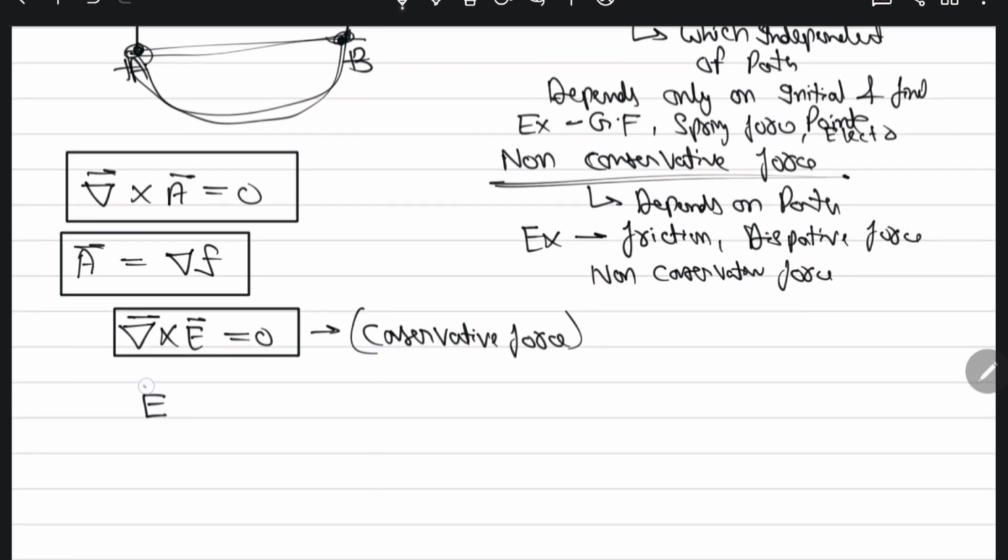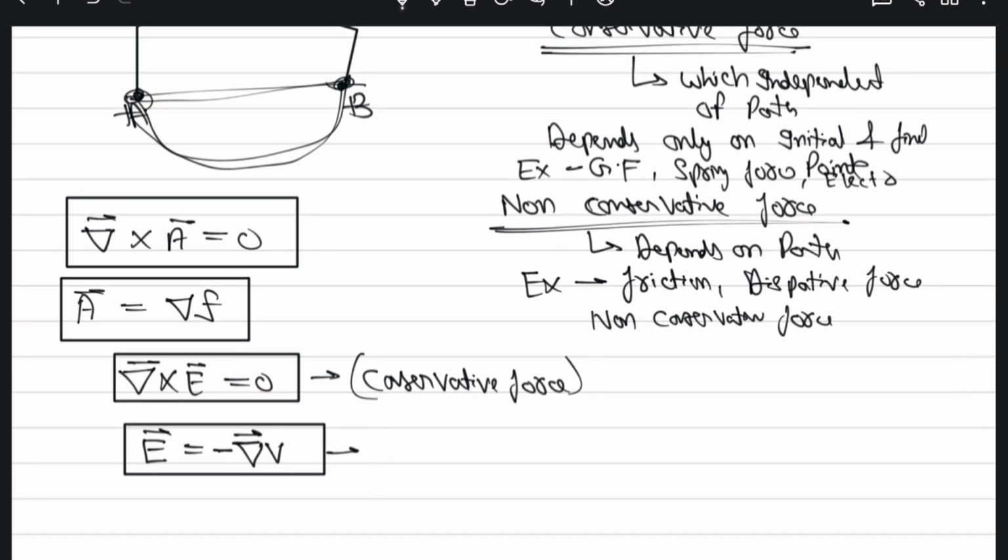So we can write this electric field in terms of a scalar potential, that is, the gradient of the potential. Similarly, if any quantity is conservative, its curl is zero, and then we can write that vector in terms of a potential, and for force, in terms of potential energy.